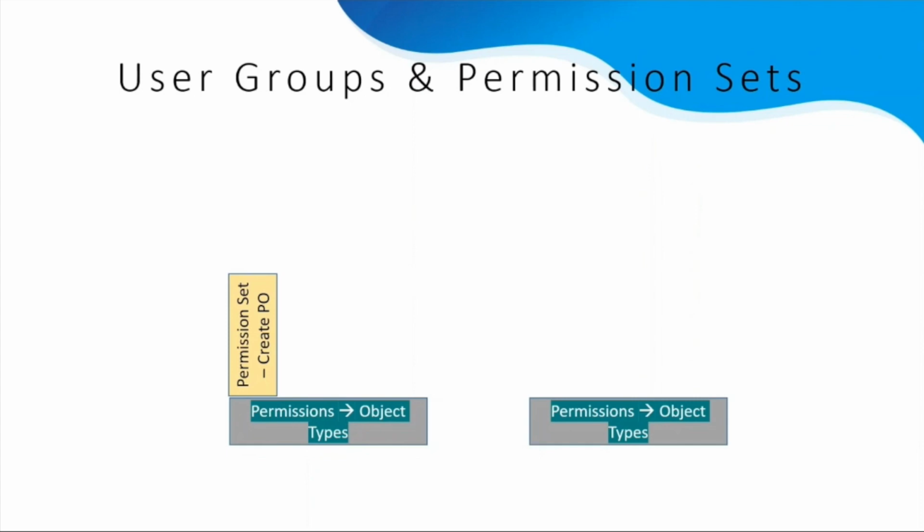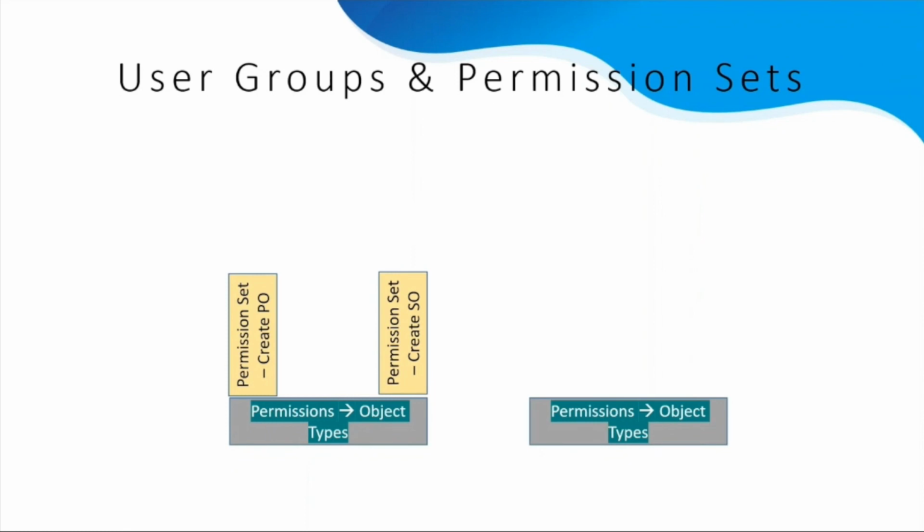And we've also created a new permission set and we copied a permission set. So the permission set contains underlying permissions to the different object types. So now we want to build specific walls in our house, which are our permission sets.